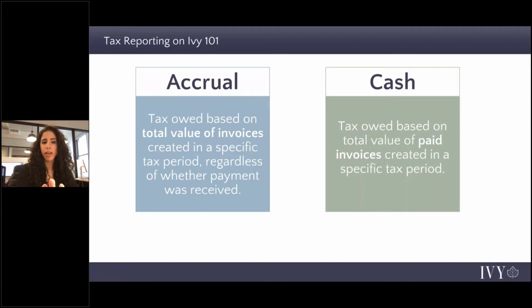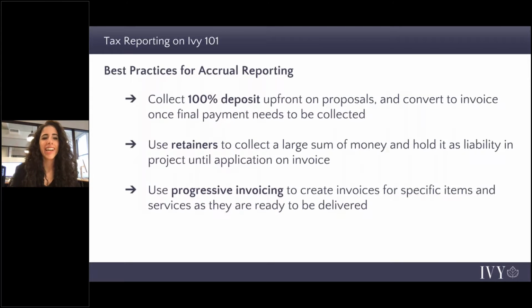So with that, I'm going to move on to the next slide. Accrual versus cash. Because we are accrual-based, there are a couple of things that we want to make sure you understand. So what is accrual? Again, you're paying taxes on the value of invoices created in this specific period.